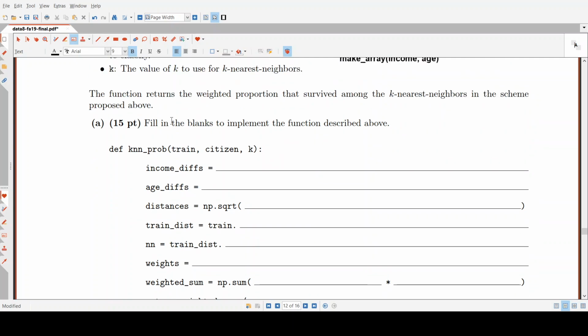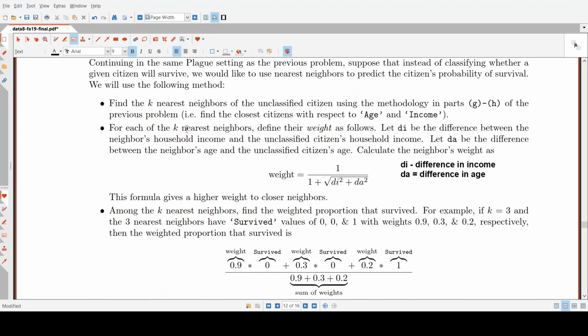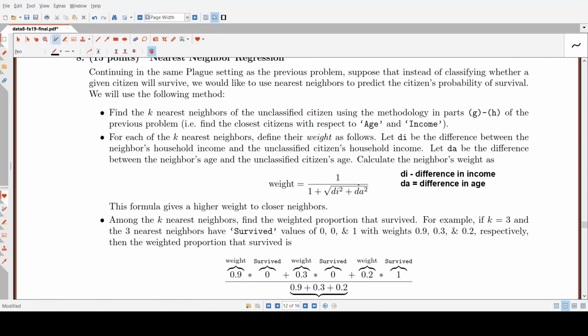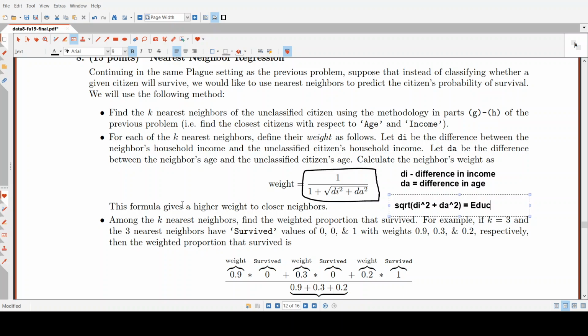So let's go back to this weight function really quick. This formula looks pretty daunting at first. It has these square roots and squares and division. But what's really important to realize is that the square root of dI squared plus dA squared is just the Euclidean distance between the two people using their income and their age.